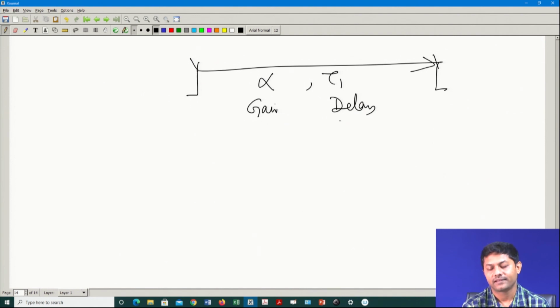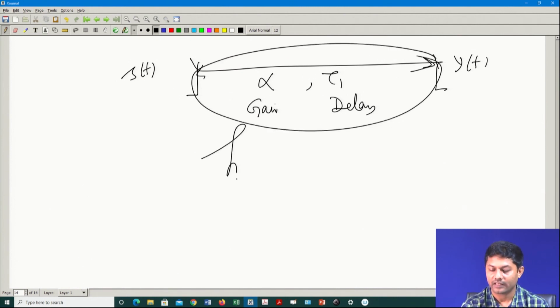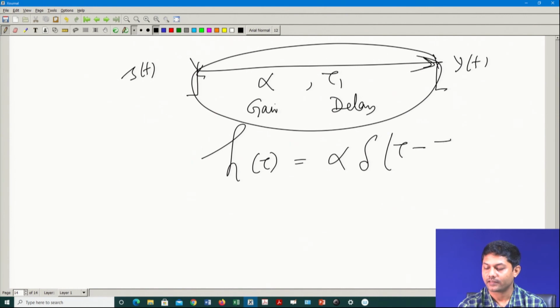Okay. So, the channel here is the filter characteristic, as I said. That means from here to here, if I have an S(t) and an observation Y(t), the filter I am talking about here, h(tau), is alpha delta(tau minus tau 1).